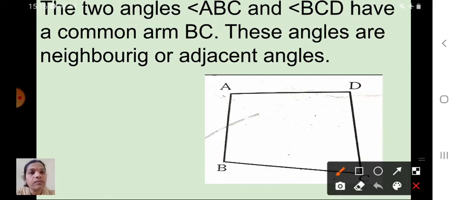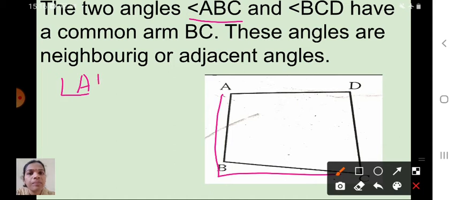So here I have given angle ABC. Angle ABC means which angle here, children? ABC. That means I am mentioning the B angle. So this angle, what is the adjacent angle of this ABC? So angle B, it might be angle C or angle A. These are the adjacent angles.